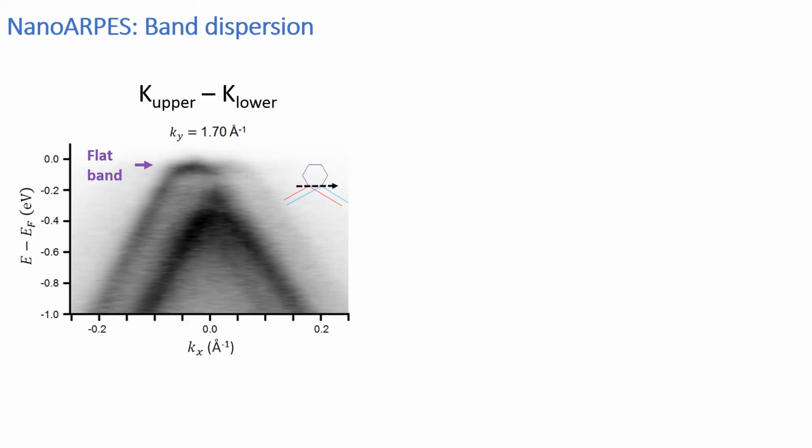In this slide, we show again the band structure of the twisted bilayer graphene at different cuts of the momentum space, following the direction shown by the dashed arrow in the respective inset images, which in turn display the mini Brillouin zone of the twisted bilayer graphene. On the left, we have the dispersion along a cut that passes both the K points of the upper and lower monolayer graphene constituents.